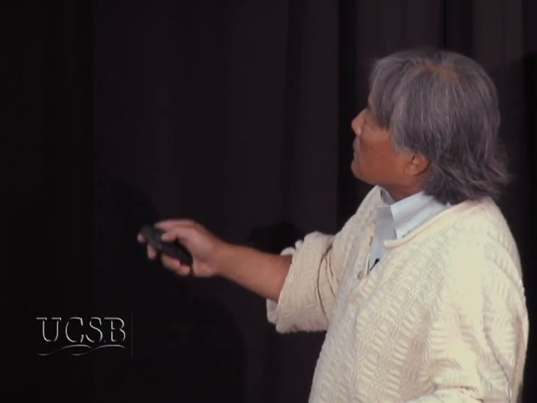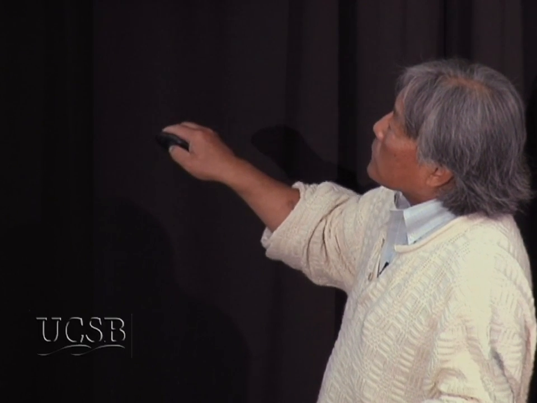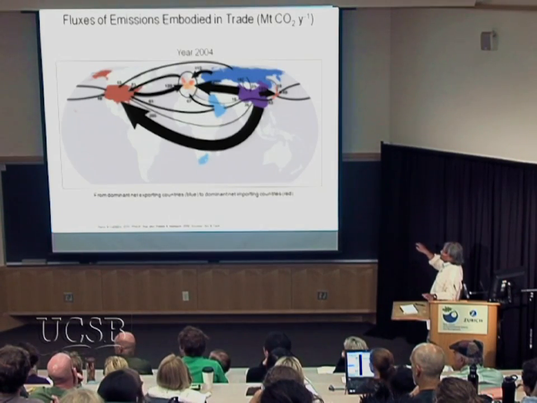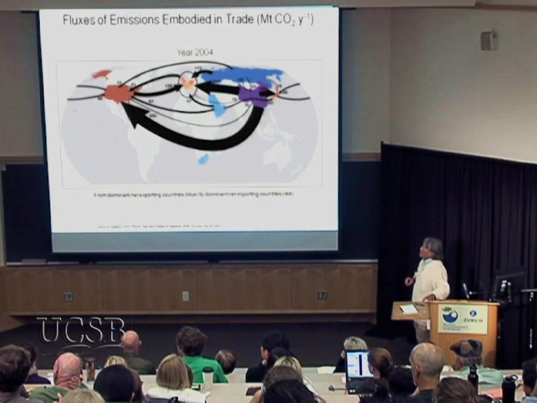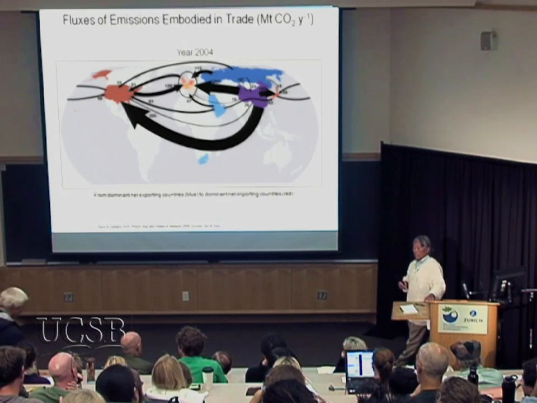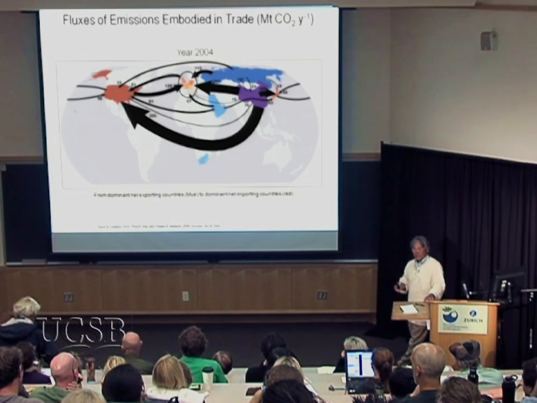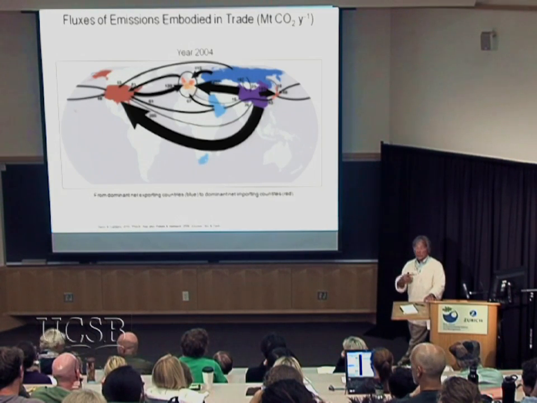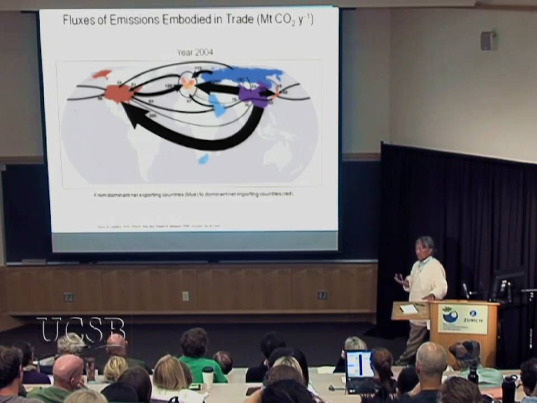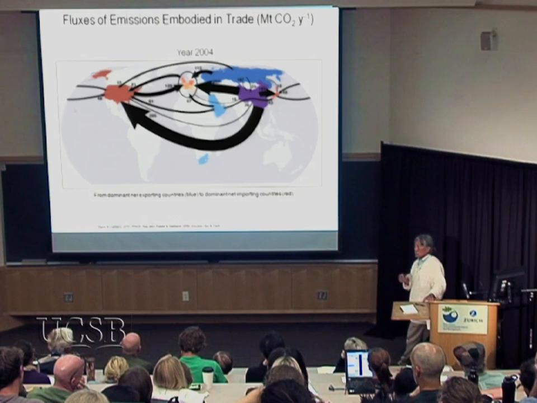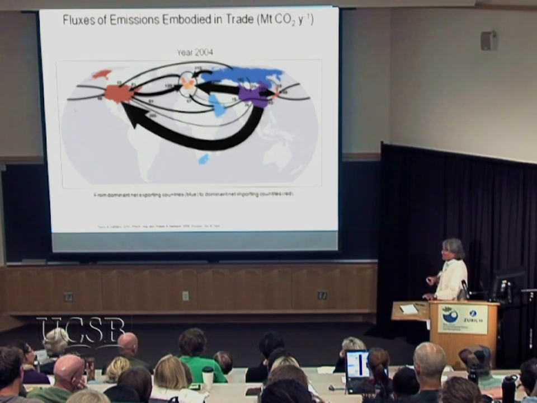And so this very large curve, especially indicating the trade of goods from China into the United States, really reflects an additional contribution of emissions that we, I guess, produce and are responsible for.